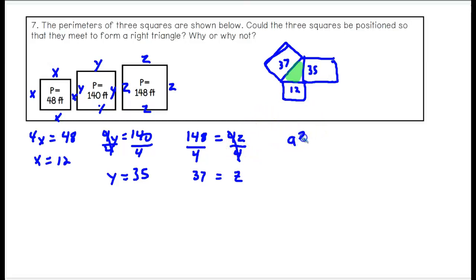Well, let's see if a squared plus b squared is equal to c squared. We'll let the smaller one be a, and we'll let 35 be b. Twelve squared, of course, is 144. 35 squared is 1,225.